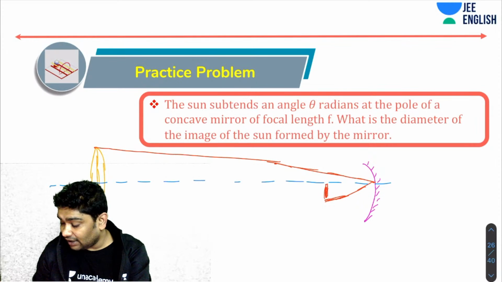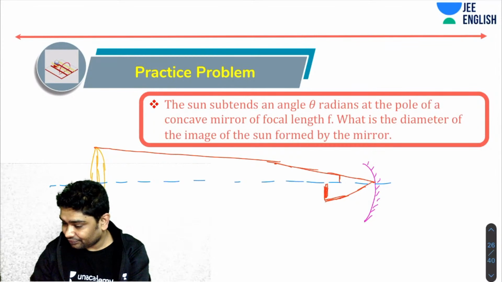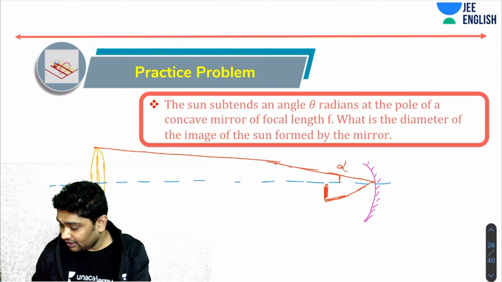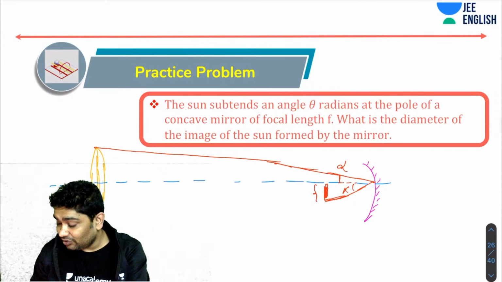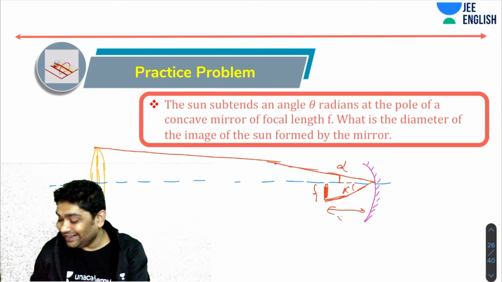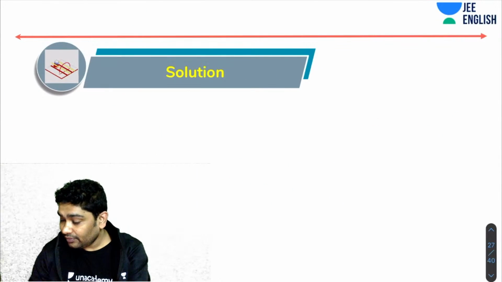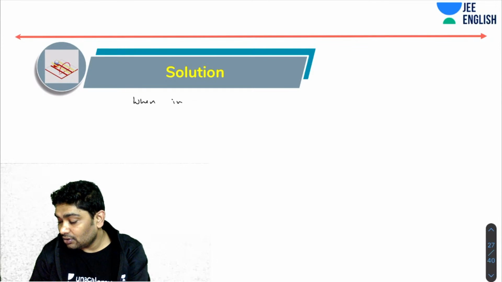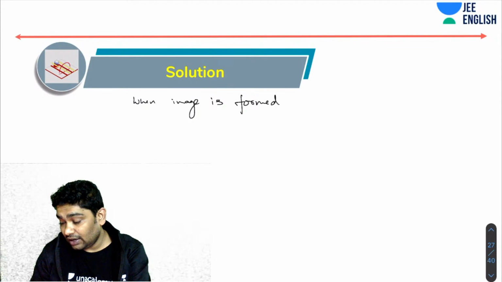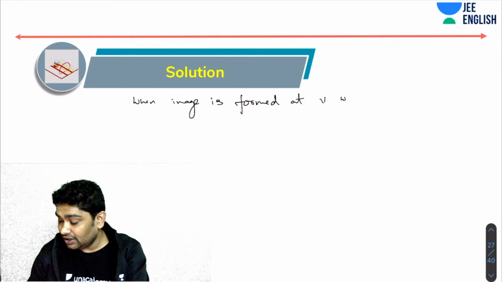So what you realize is that if this angle is, let's say, alpha, then this angle is also alpha, and the size of the image can be obtained in relation to f. If you know this v, then the image is formed with an angle alpha.